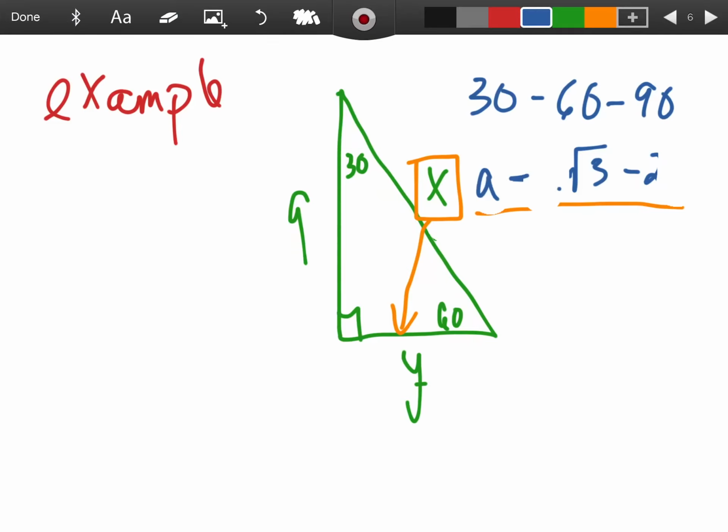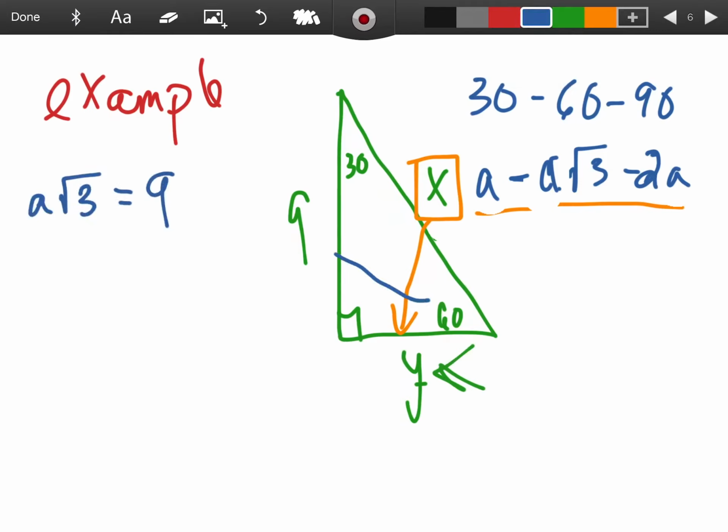I'll call it a square root of 3, 2a. You could have also changed it to y square root of 3, and 2y, just because y does represent that side length. So it's really up to you, but I just want you guys to be careful with that. Be careful. So now I got that a times the square root of 3 is equal to 9.